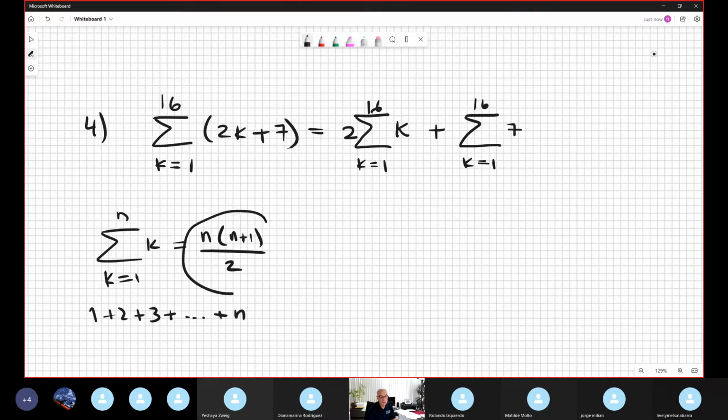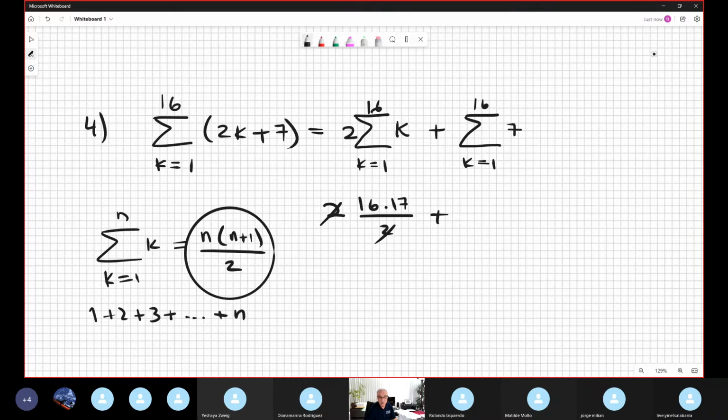This is condensed in one formula. Entonces the formula is 2, put outside, this is 16 times 17 divided by 2. Do you understand where I come from 17? Okay, n is 16 in our case, and n plus 1 is the next, que es 17. No? These two are canceled, and this is different.